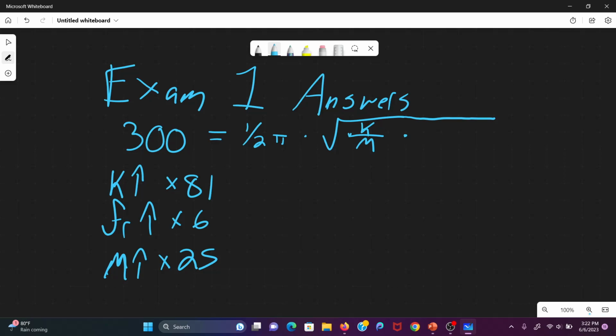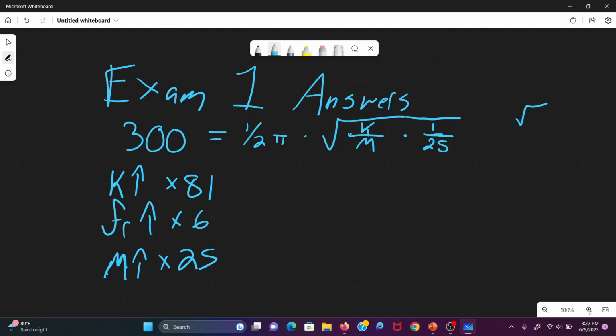It's still the denominator. So you can think about this as 1 over 25 instead of just k over 25m. Think about it as 1 over 25. If you're going to take the square root, well, let's not do a square root in a square root. That's going to get confusing.